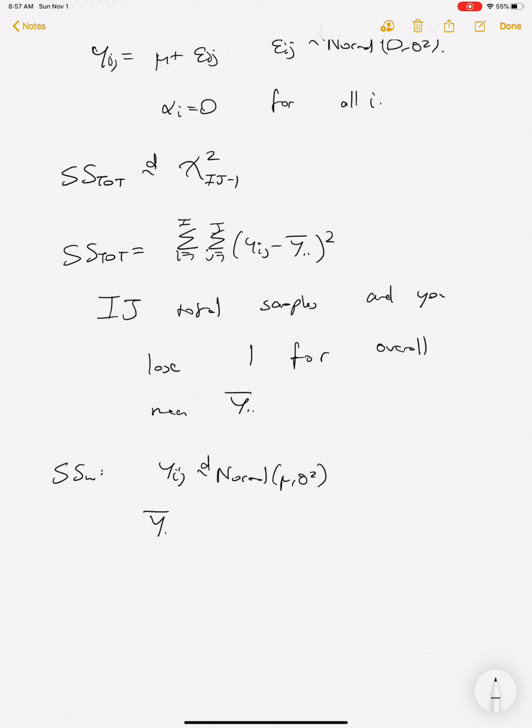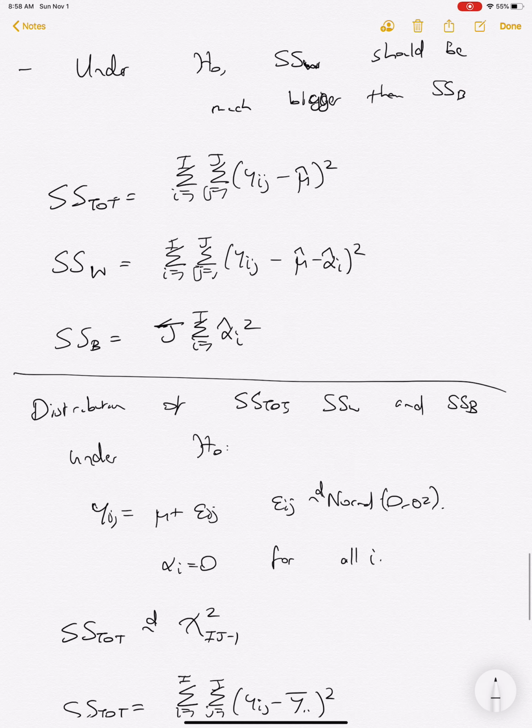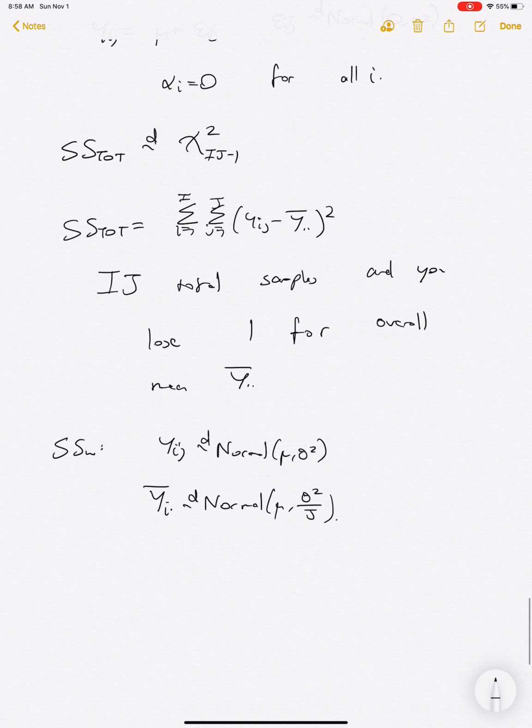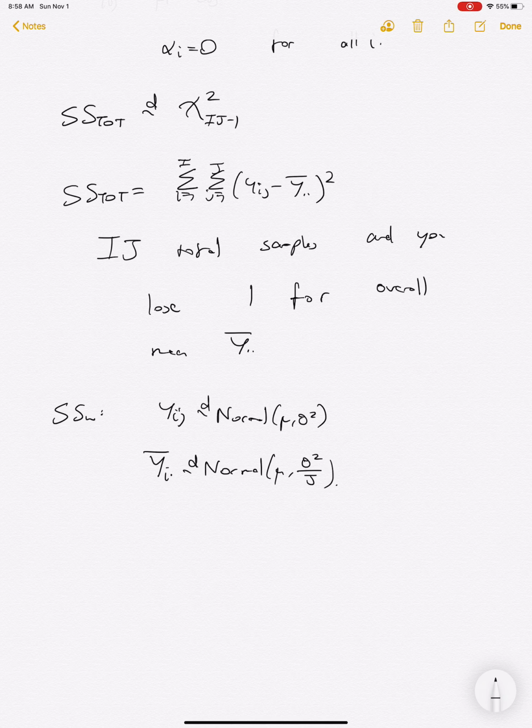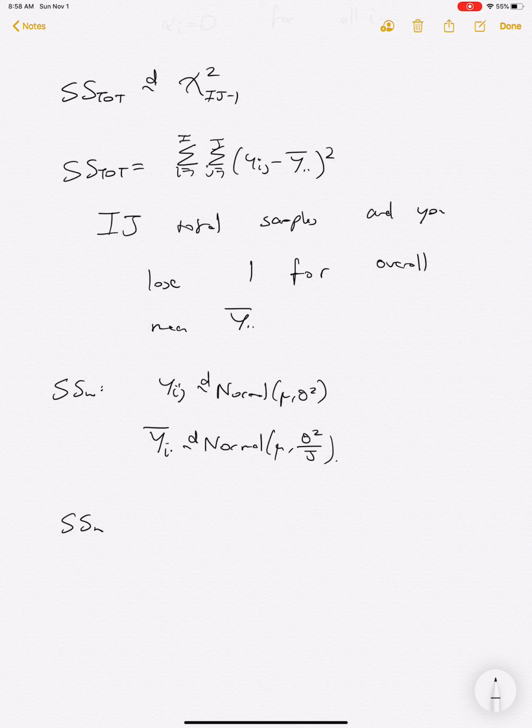And we have Yi bar dot is going to be normal with mean mu and variance sigma squared over J. So what you can see is that if we let the sum over j equals 1 to J of Yij minus Y bar i dot squared, the mu's are going to cancel out.